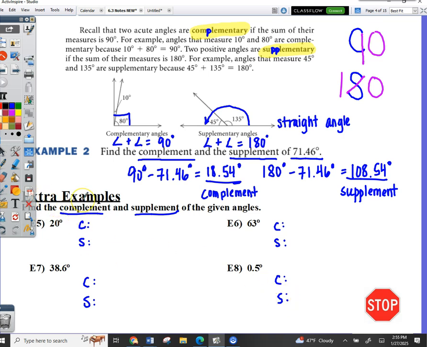It'll say extra examples. This is kind of a difference in college math. You'll notice that they give you fewer examples and expect you to understand it in those few examples. I personally was not that kind of kid. I needed more examples. So I tend to put extra examples in our notes just to make sure you really understand it. So tell me, what is the complement of 20?